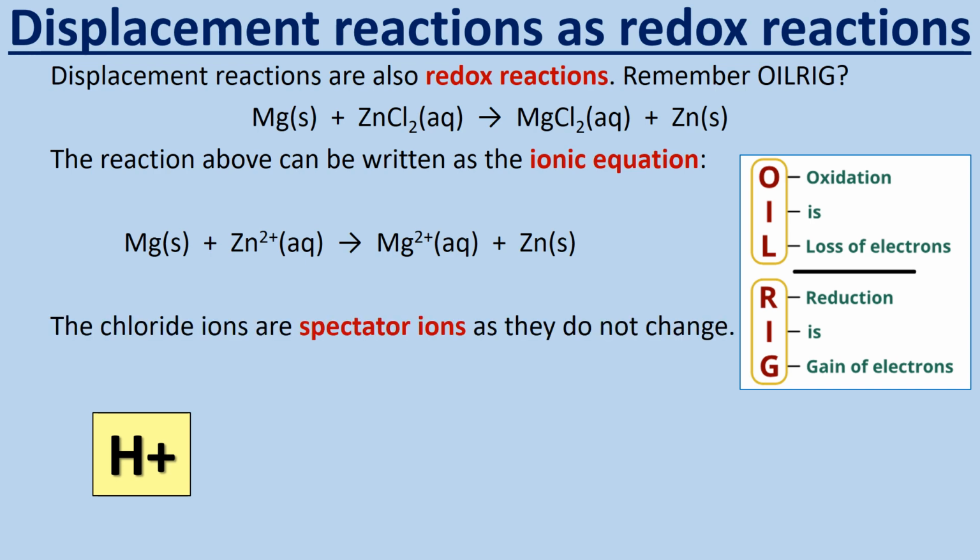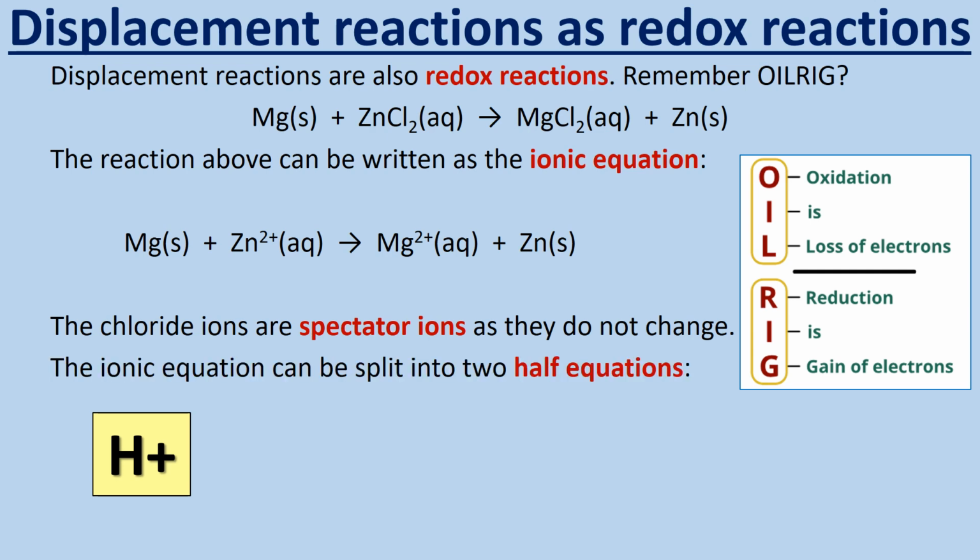The chloride ions, as I said earlier, are called spectator ions as they don't change either side of the reaction. Okay? The ionic equation could be split into 2 half equations. The magnesium becomes magnesium ions plus electrons, and the zinc adds electrons to it to become zinc atoms.